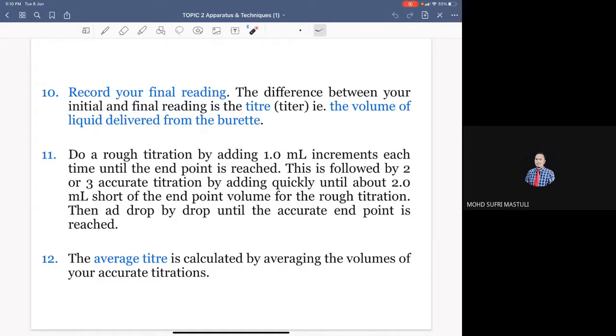This is why the titration should be conducted several times, and then you can average the titre volume of liquid delivered from the burette to know the volume of accurate titration.